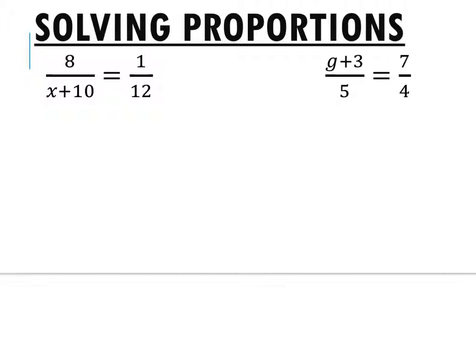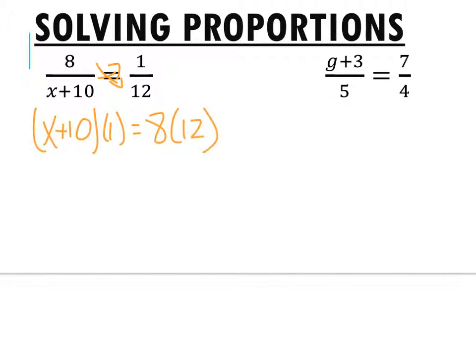Of course, it does get a tad more difficult, but I know that you can handle it. Again, we're just multiplying diagonally. So I'm taking x plus 10 times 1, and that's going to equal 8 times 12.